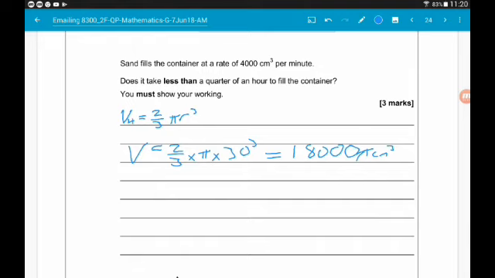Now we're told sand fills the container at 4,000 centimetres cubed per minute. So we want to work out how many lots of 4,000 centimetres cubed there are in 18,000 pi centimetres cubed, and that will tell us how many minutes it takes to fill the container.